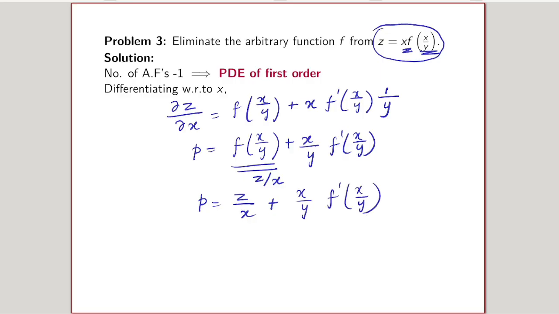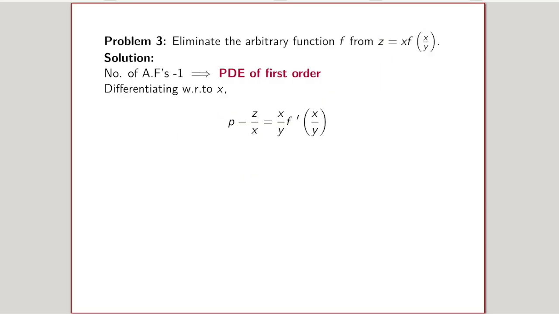So now let us bring this z by x term to left hand side. So it is p minus z by x, equal to x by y into f dash of x by y. Let us keep this equation as it is. p minus z by x is equal to x by y f dash of x by y.